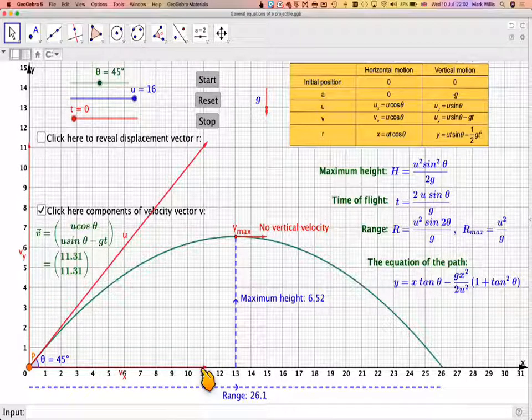You can get this by doing u cos theta, a little bit of trigonometry, and you see that this one here is the same as this one, so you get it by doing u sin theta. Just applying a little bit of right-angled trigonometry.